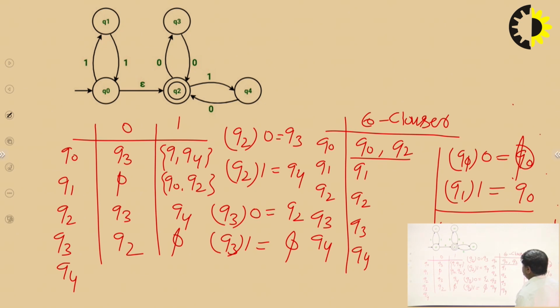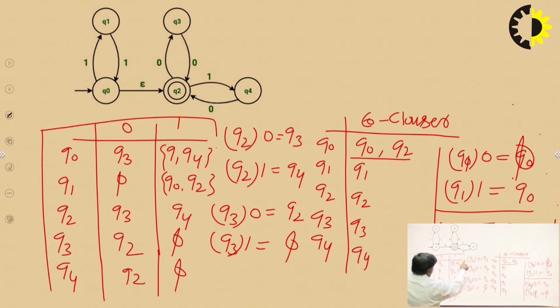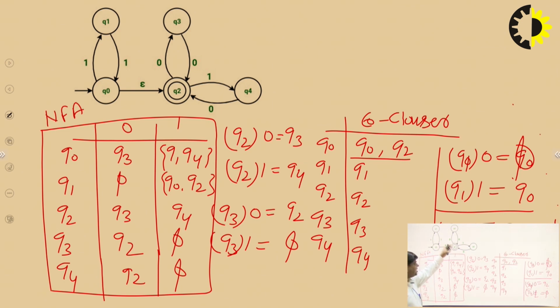Q4 on 0 is Q2, and Q4 on 1, no transition is available, phi. Now this is your final NFA without epsilon. And what is the next target?